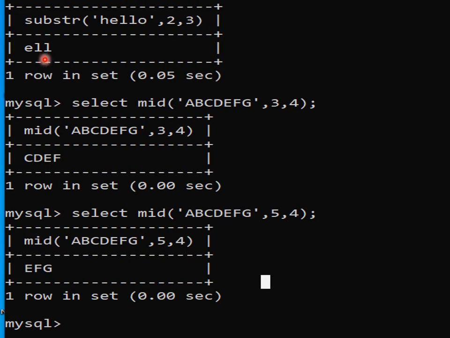You can see the same example in the MySQL environment. In the next example, 3, 4, it will start from the third position 1, 2, 3 and a total of 4 characters will be taken, so the output will be C, D, E, F. In another example the starting point is 5, so 1, 2, 3, 4, 5, from E onwards, number of characters 4. But here only 3 characters are left, so it will display only 3 characters.